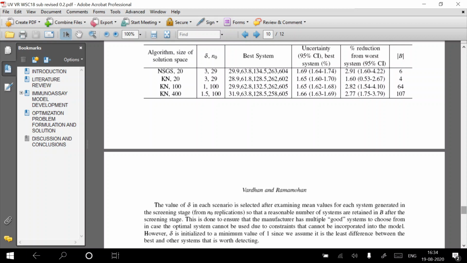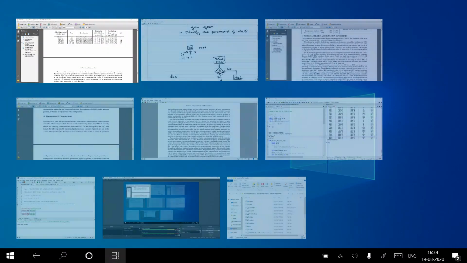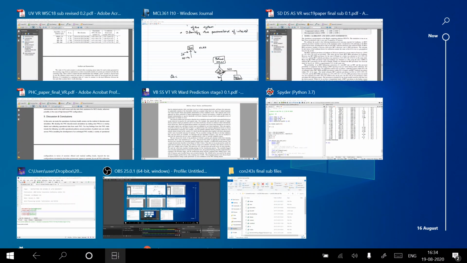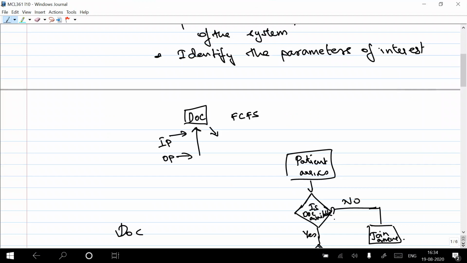This is work done with a BTech student, by the way, who started working with me towards the end of his third year. As I said, this is work that is published in the premier simulation conference, and we're working on journal versions of all of these.